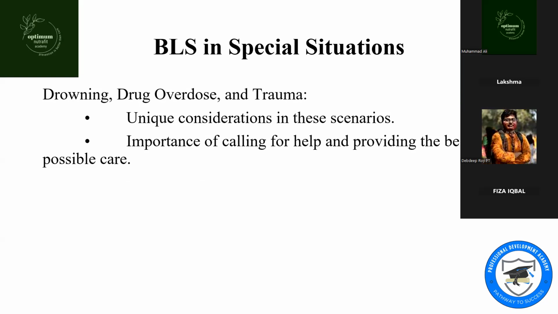Fine. So there are special situations. Obviously, an unresponsive patient is not always suddenly unresponsive, but there are always some risk factors or trigger factors, like drug overdose, ETOH or alcohol excess patients, trauma patients, drowning patients.